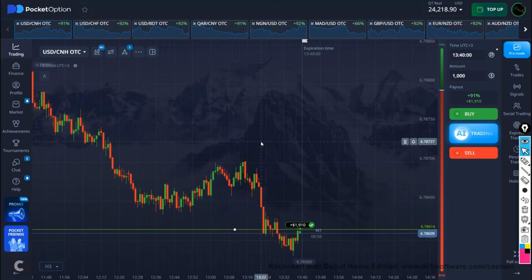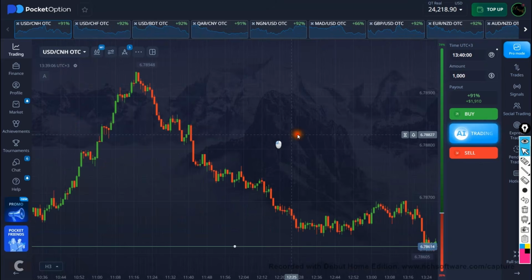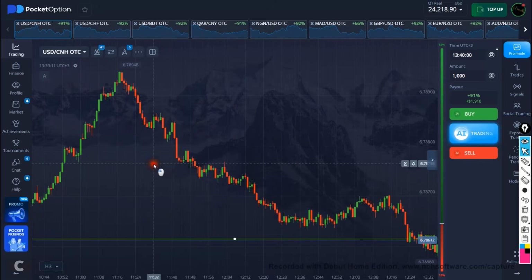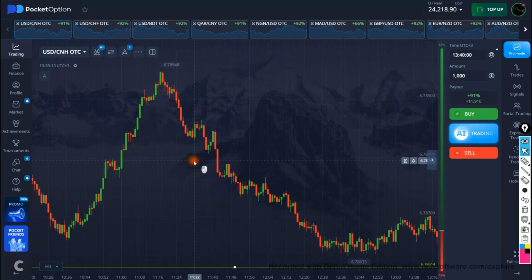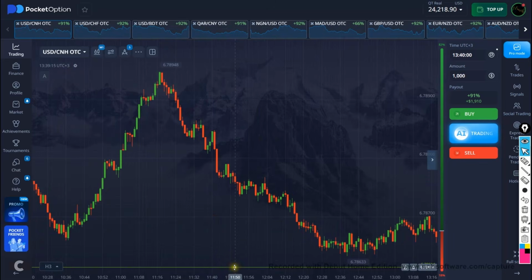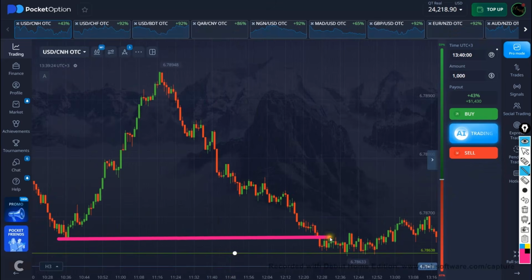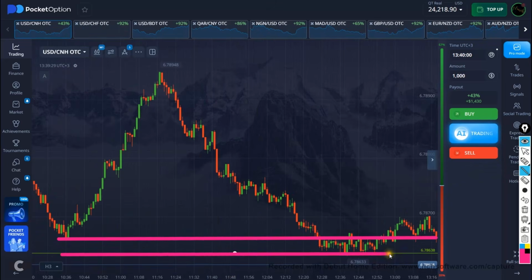So make sure that you identify good supply and good demand. So right here, as you can see, we had a strong area right here, this whole area. So support and resistance are not lines, guys. So this whole area right here, we can draw this one right here, and this one right here.